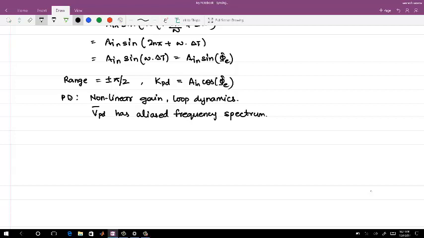I'm not going into the detail of this because it very much depends on what the frequency difference is. If the sampling frequency is twice the input frequency, then you may not have the aliased spectrum. But in the phase locking case, when you have the same frequency, it will be an aliased spectrum. Okay.